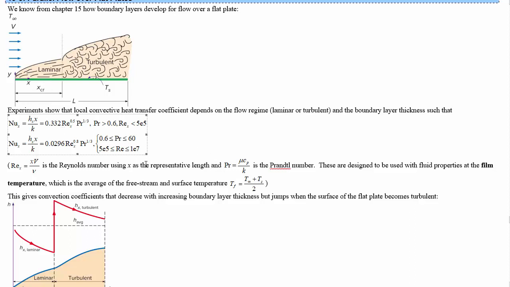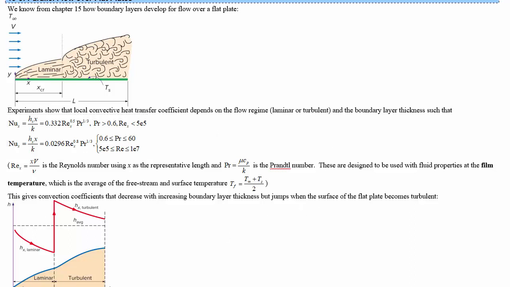Well, these formulas are designed to be used at the film temperature, the average of the free stream and the surface temperature. So you find out what your fluid properties are, and then you find out what your Reynolds number is at the location you want, and substitute into an appropriate one of these formulas that depends on the Reynolds number to figure out what the Nusselt number is at that spot, and then solve for hx to figure out what the local convection coefficient is.